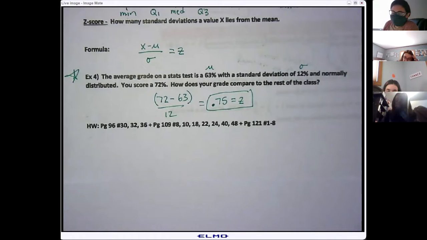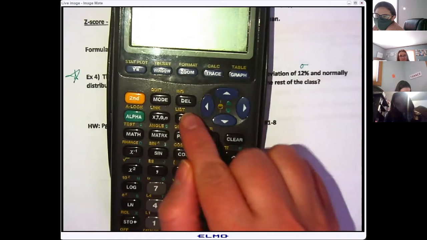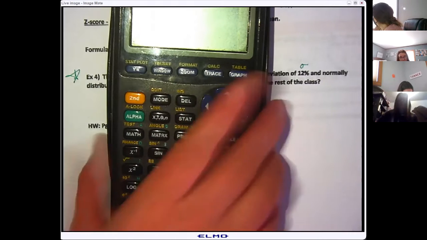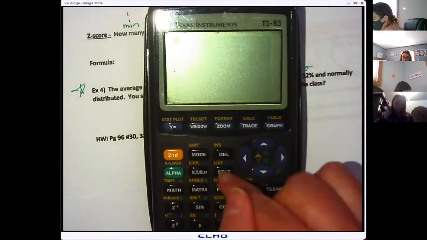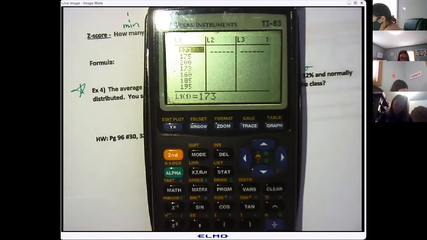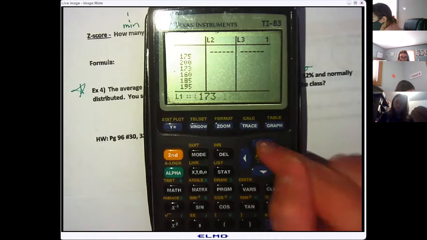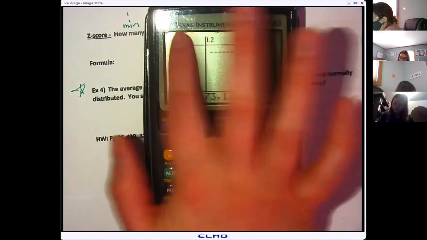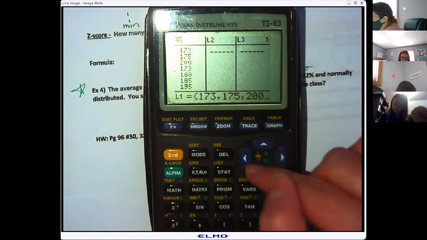Miss Nussbaum, can you write the steps of the calculator thing again? Because I didn't write them down. Sure. I'm not going to do the steps again, but I'll say it slow, okay? All right, so first, you hit stat. And then edit. And then you clear out your list by going to the top and hitting clear and arrowing down.